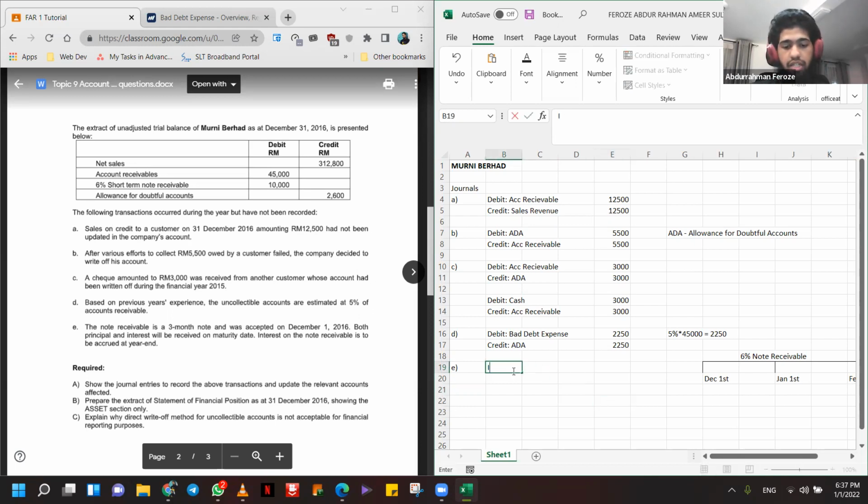So here, for December 2016, we debit interest receivable 50, and credit interest revenue 50.